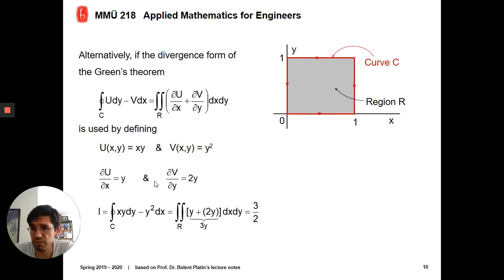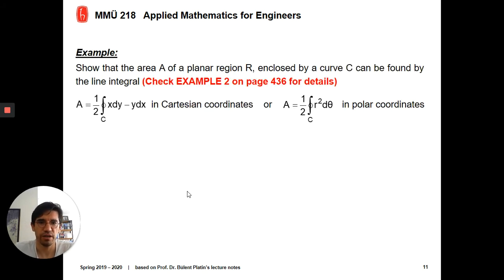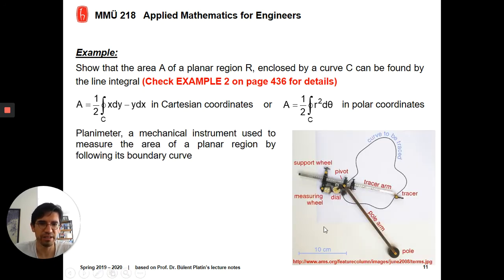In that case, how do I find the surface area of it? We didn't always have computers for this, and there was a nice mechanical tool which was doing this job, based on what we learned from Green's theorem.